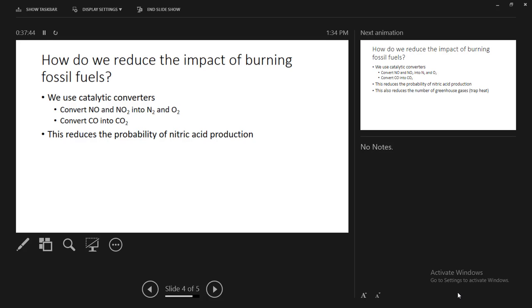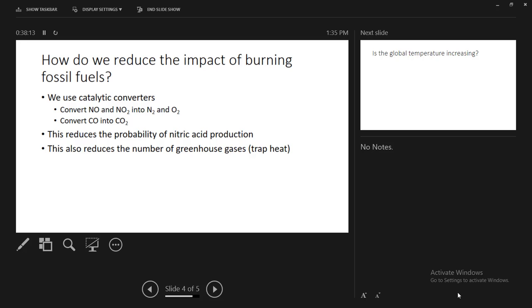And so using catalytic converters reduces the probability of nitric acid production, so we've eliminated some of our pollution. Really good catalytic converters can also pull sulfur dioxide out of the air as well. And so we've limited our amount of pollution production, and then overall the use of catalytic converters will also reduce the total number of greenhouse gases, those gases that trap heat.